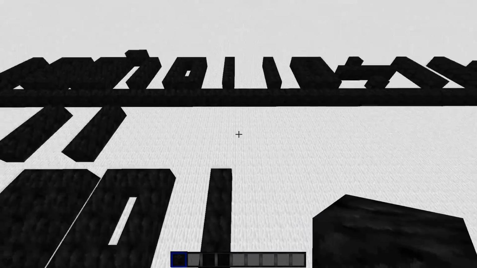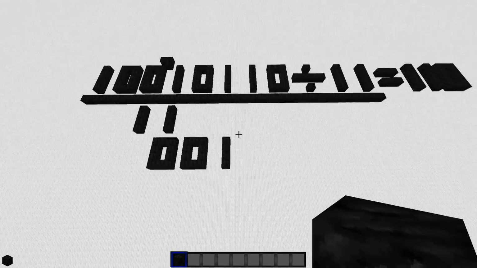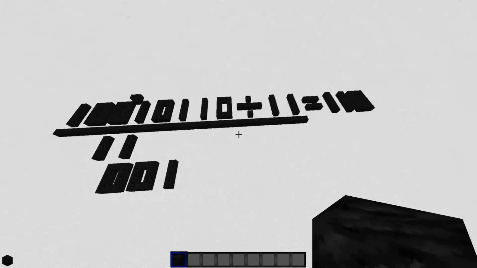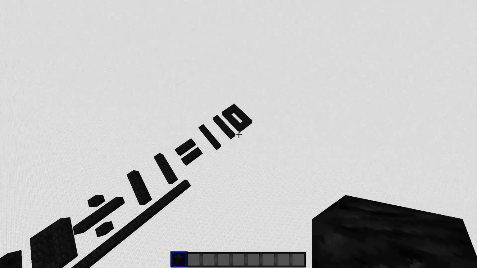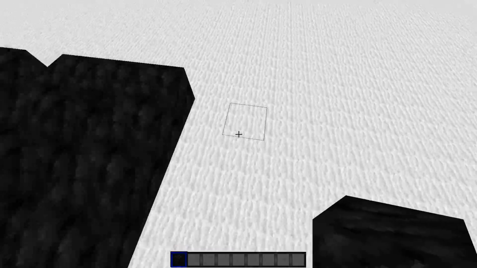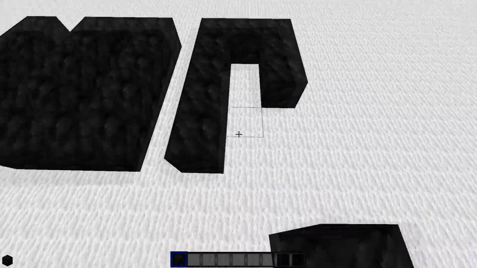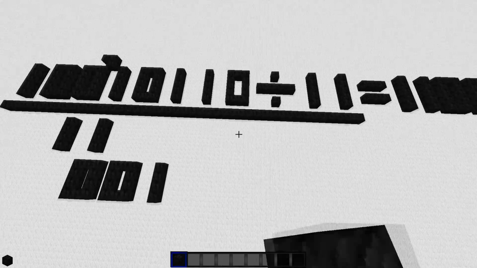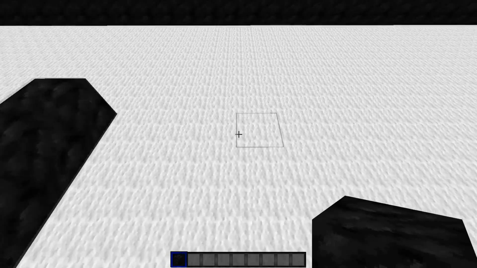That is a 1. Now 1, it also doesn't work, so we have to write another 0. Then the next number is 1.